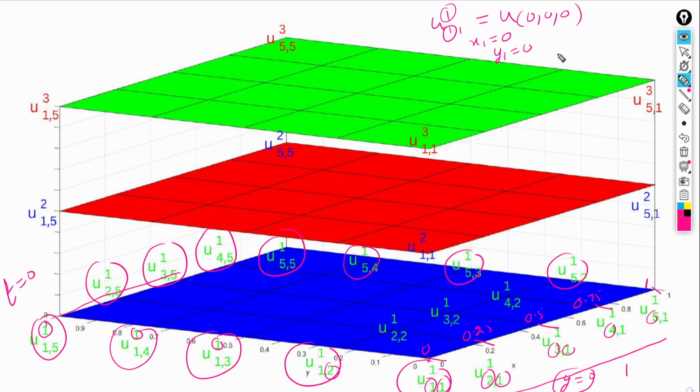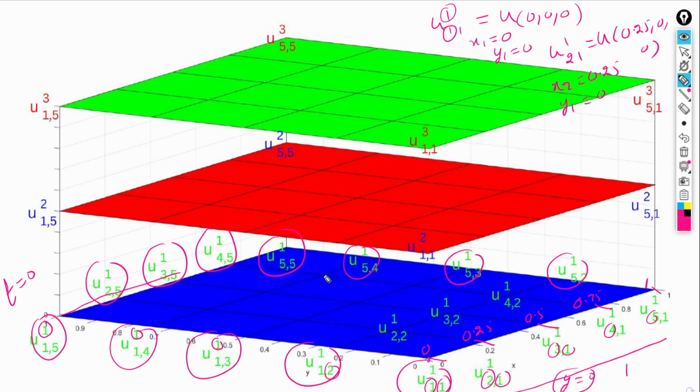If you have the point u121, the meaning is that x2 is equal to 0.25, y1 is equal to 0, and the time is also 0. So this is u(0.25, 0, 0). In this way we symbolize every grid point.